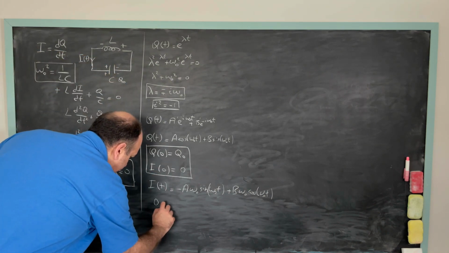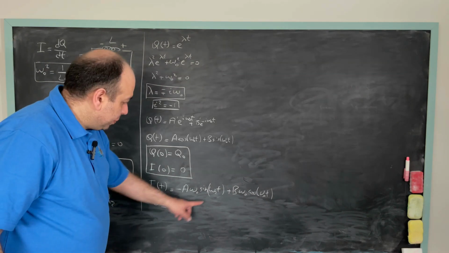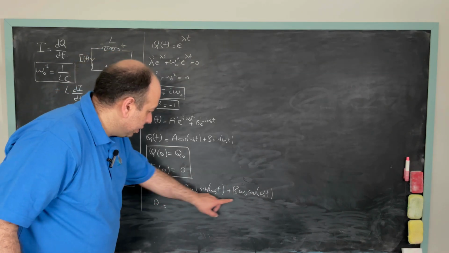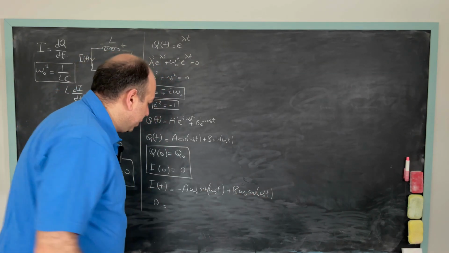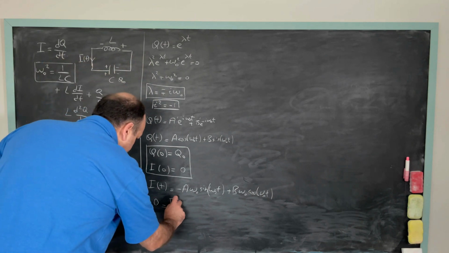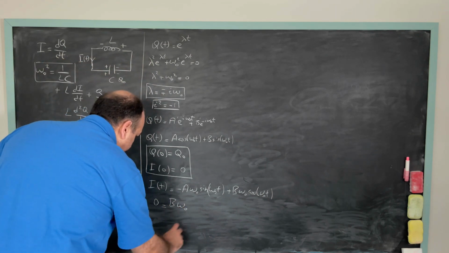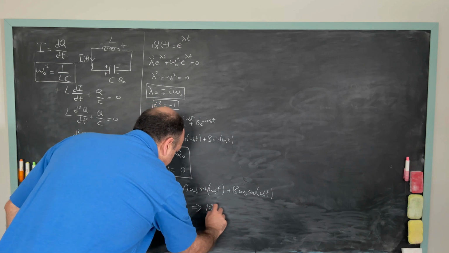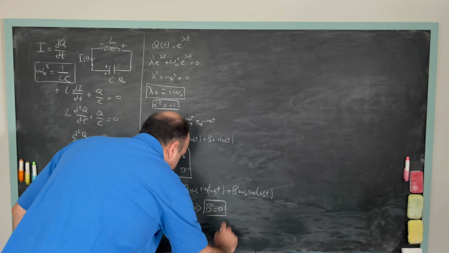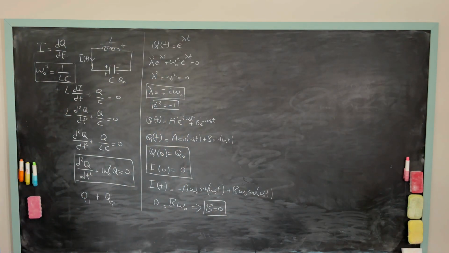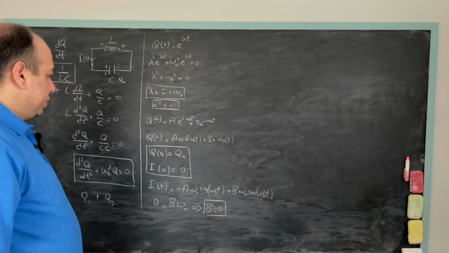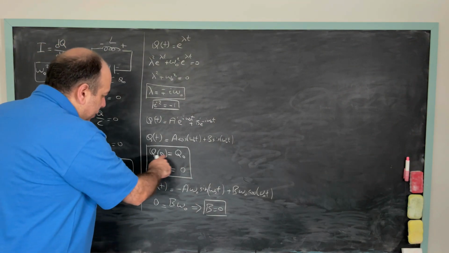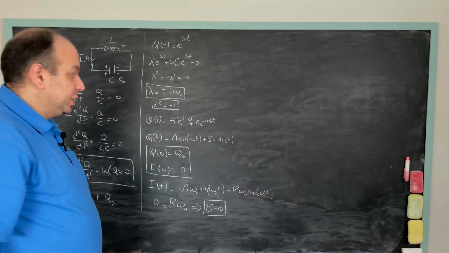So 0 is equal to, when I put 0 here, this term is 0. When I put 0 here, cosine 0 is 1. So this gives me B times omega naught is 0. So this actually tells me that B must be equal to 0. So this is how we solve for B. Okay, so here B is equal to 0. We can now use the first initial condition, Q naught.